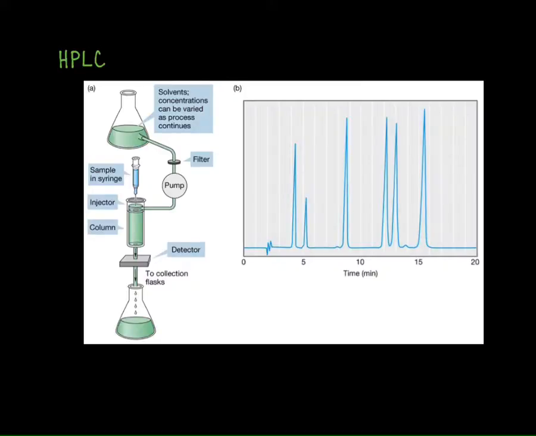And so if I know this standard is eluting at this time and I inject my unknown sample, then I can measure the area at that particular time, and based on the concentration of the standard, I can figure out the concentration of that particular compound in an unknown sample.